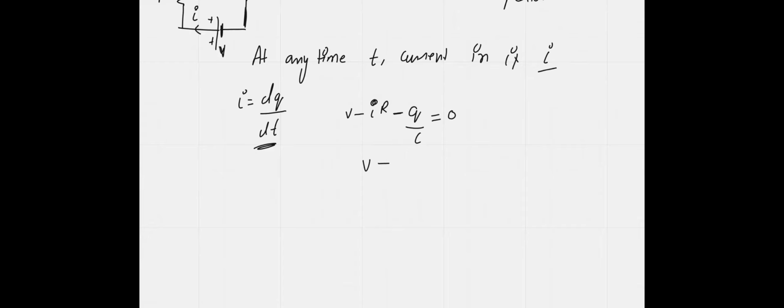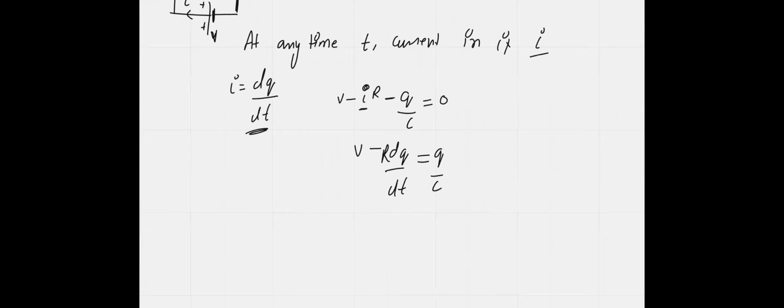Let's look at the variables. I can write this I as dq by dt, R as it is, minus Q by C. So V minus Q by C equals R dq by dt.